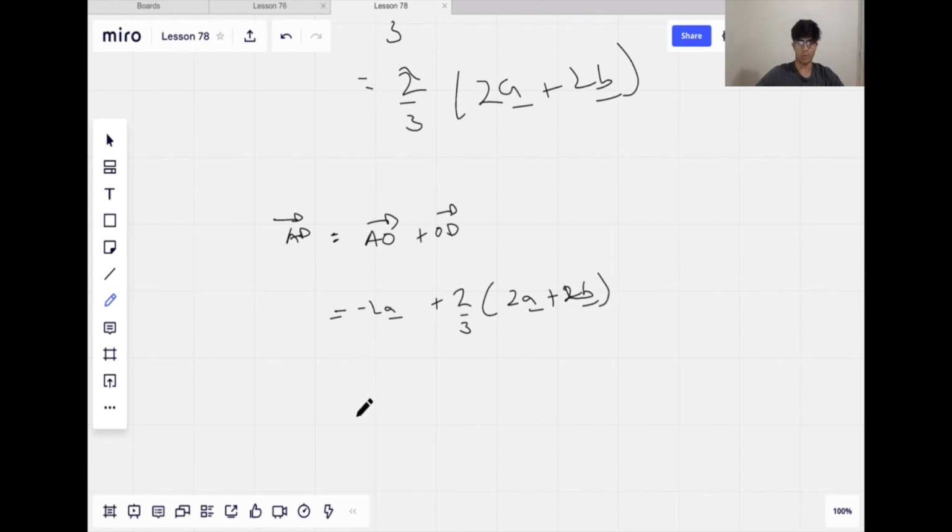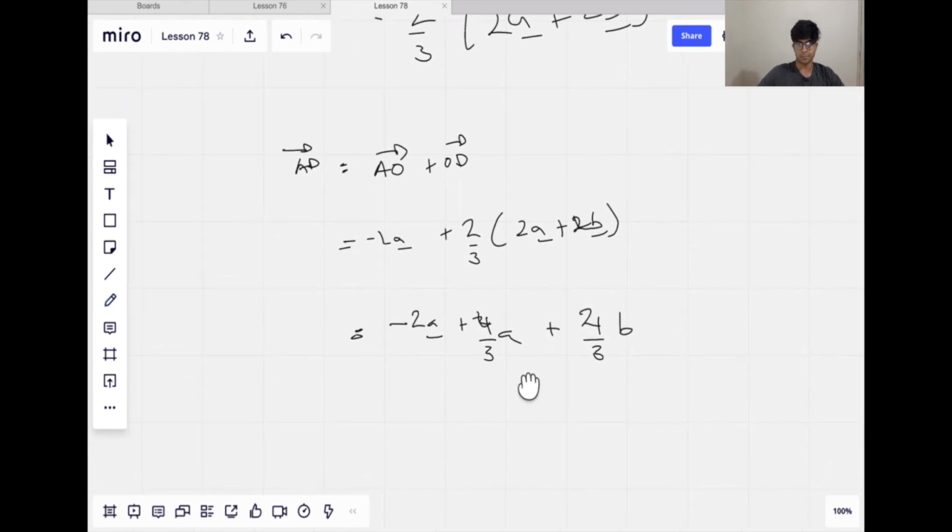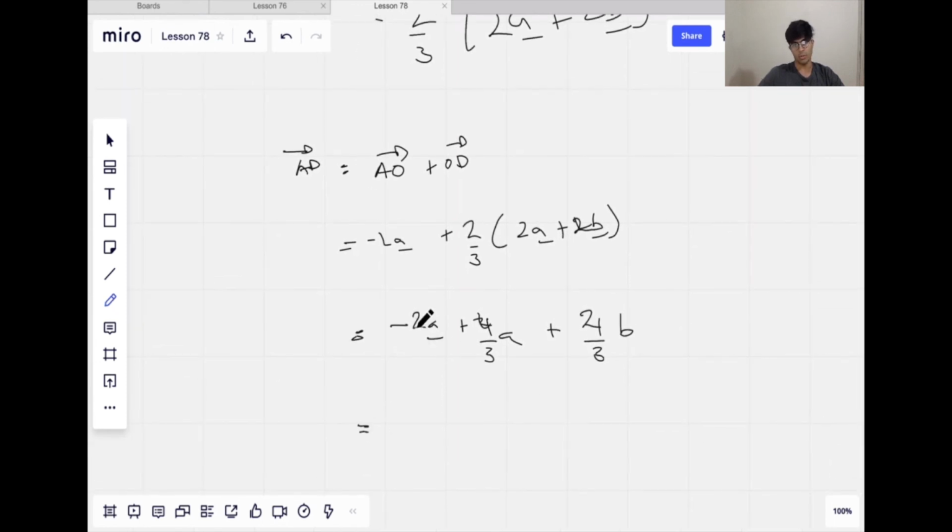So it's probably worthwhile simplifying right now. Minus 2a plus 2/3 of 2a plus 2b. So what is that? Minus 2a plus 4/3a plus 4/3b. So minus 2 is minus 6/3 plus 4/3. So that's minus 2/3a plus 4/3b.